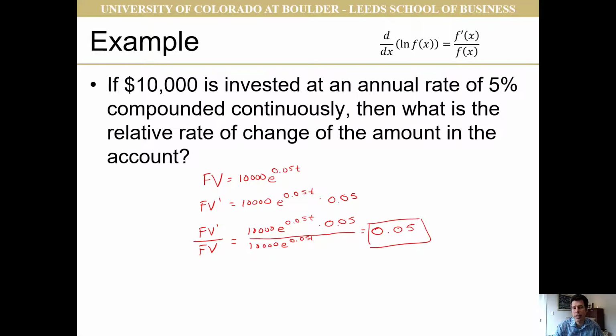So the relative rate of change of the amount in the account is 5%, which is exactly the annual growth rate of our account. Again, this 5% comes out in part because this is compounded continuously. If you compounded with a different frequency, for example, future value equals 10,000 times 1 plus 0.05 divided by 2, to the 2t, we of course will get a different answer.